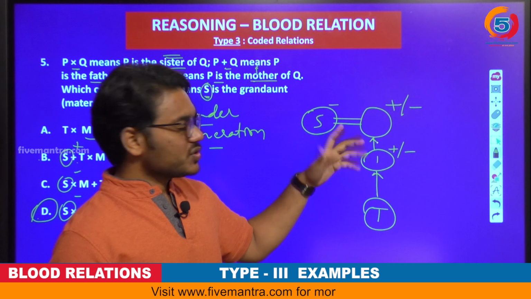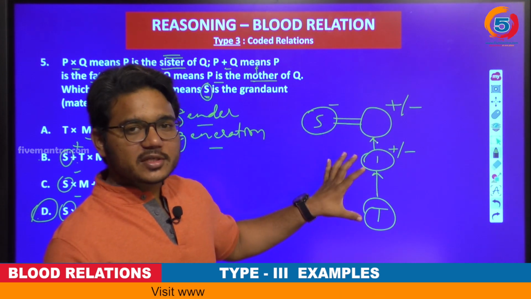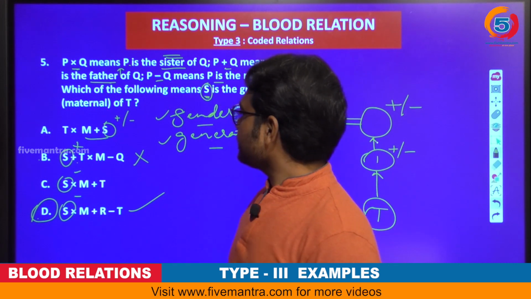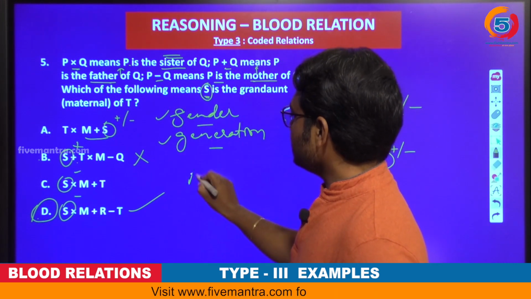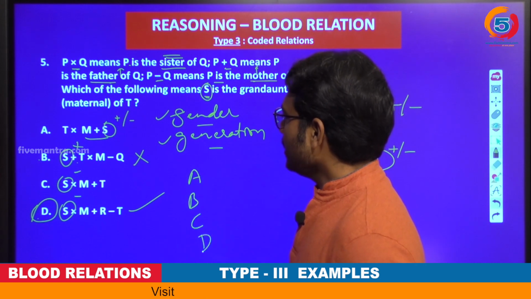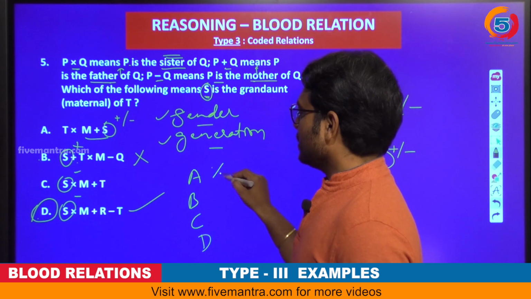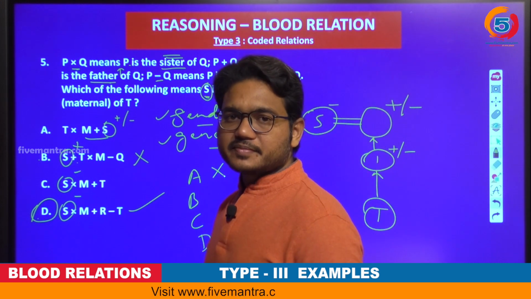So those relations don't fall in this particular relationship chart. So option A is not valid according to this relationship tree, isn't it?